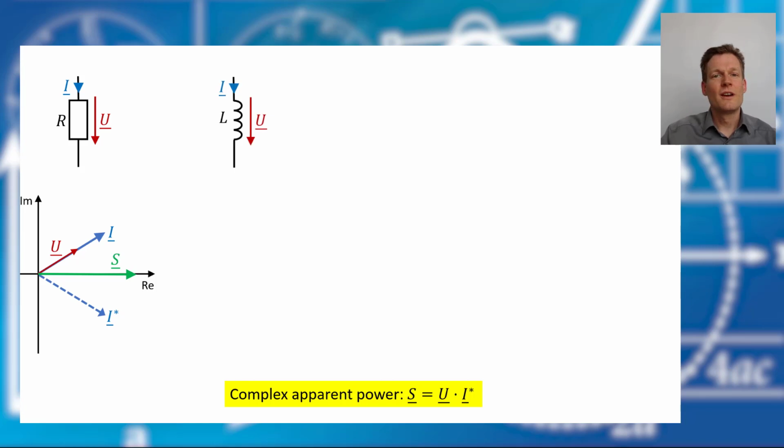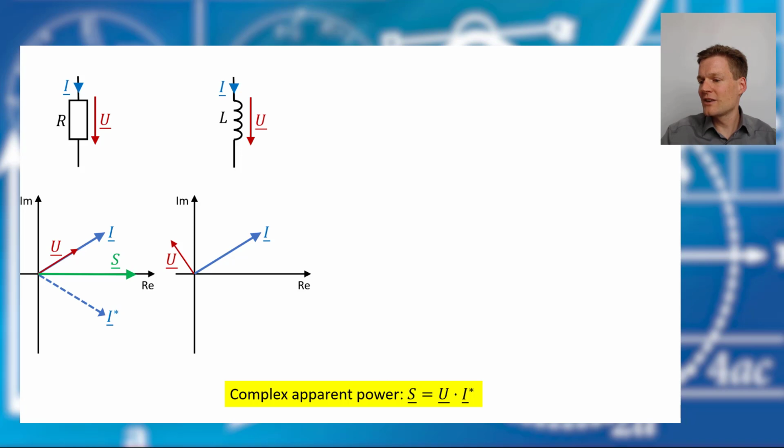Let's have a look at the inductor. At the inductor, let's say we have the same current again. And here we know that the voltage drop is leading by 90 degrees. So it will have this direction. And if we now calculate the apparent power, then we take the conjugate complex of the current.